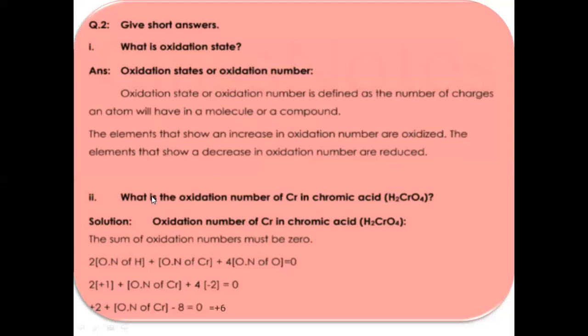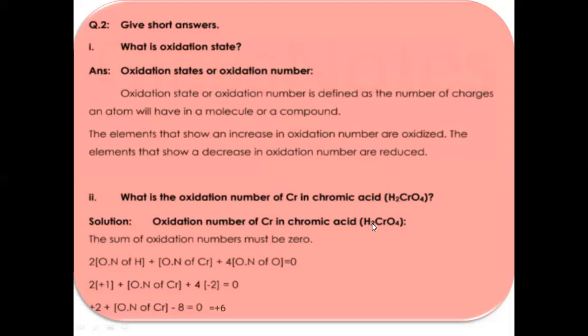Question number 2, what is the oxidation number of chromium in chromic acid? This is the formula of chromic acid, H2CrO4. So in order to find out the oxidation number, we will first take that molecule equal to 0.